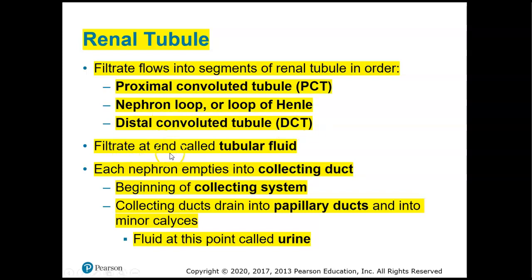And then when you reach the end of the DCT, we call that filtrate the tubular fluid. Once the tubular fluid empties into the collecting duct, that is the beginning of the collecting system. Collecting ducts drain into the papillary ducts, into the minor calyces, and at this point we call this fluid urine.